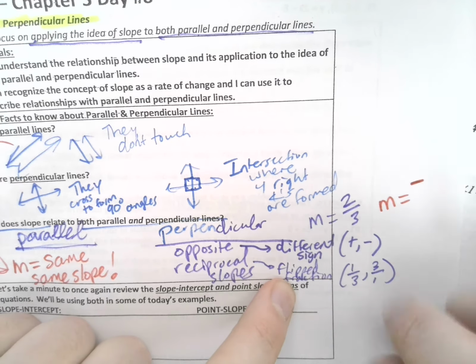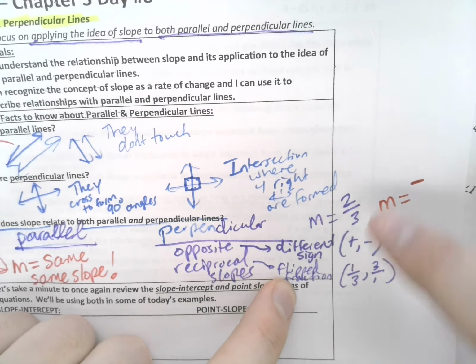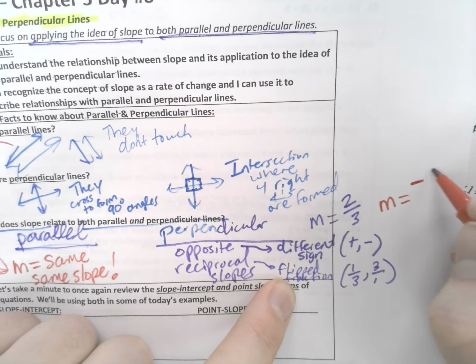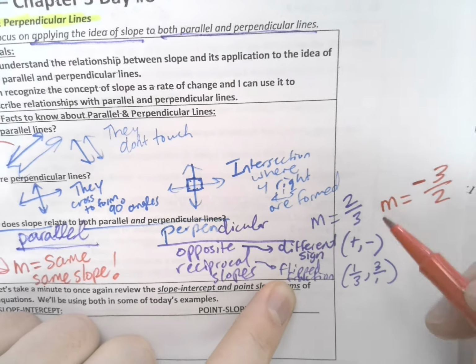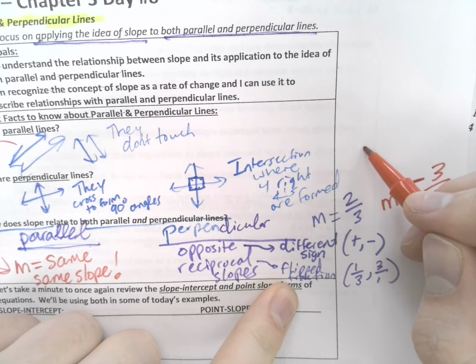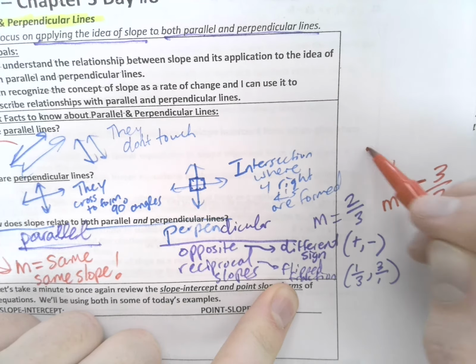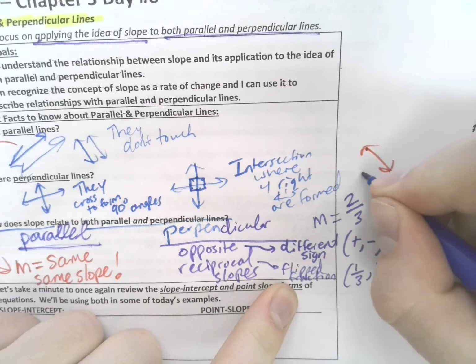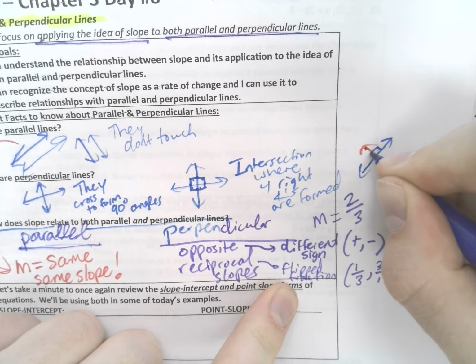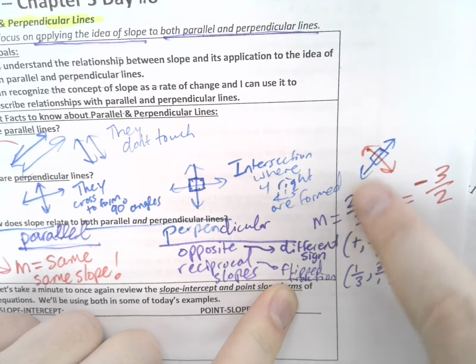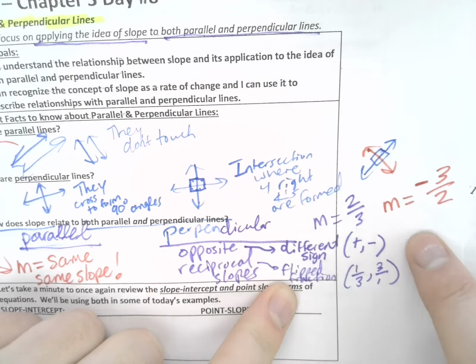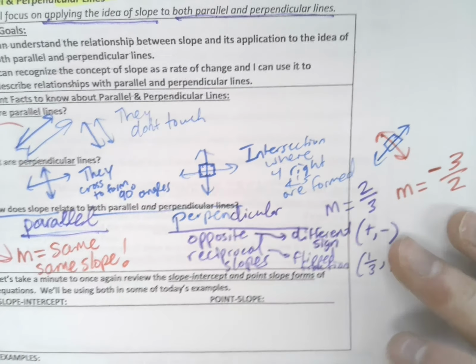And then flip the fraction. So if that's 2 over 3, flip it to be 3 over 2. So these two would be perpendicular. See that? That would be perpendicular slopes right there.